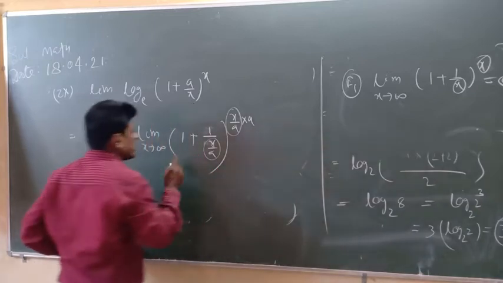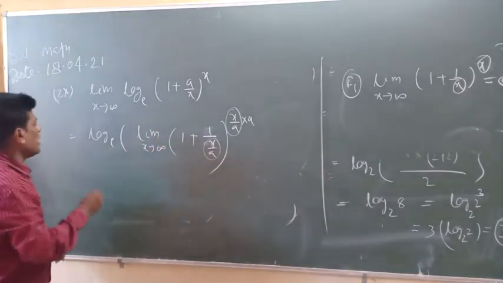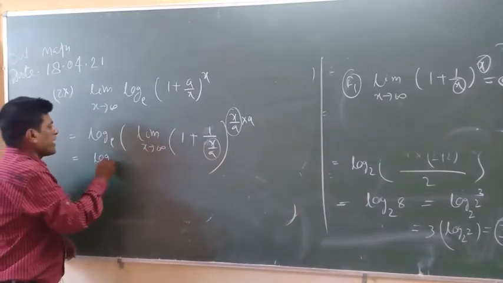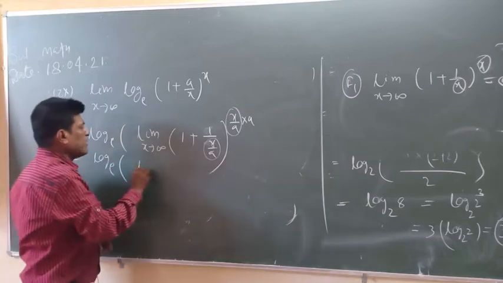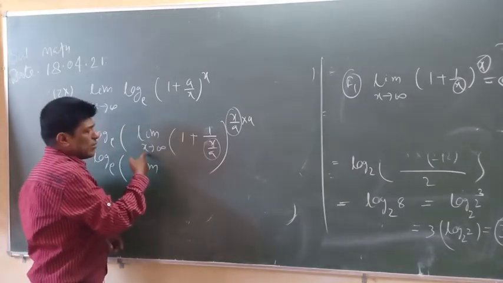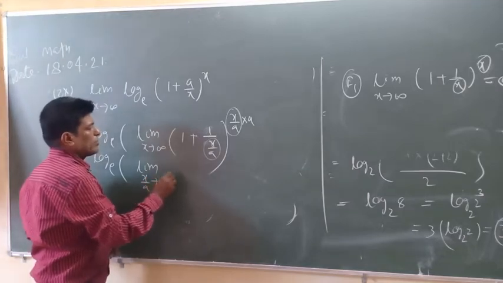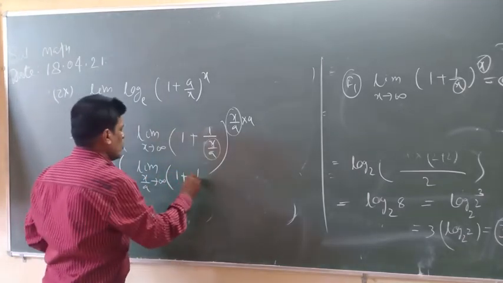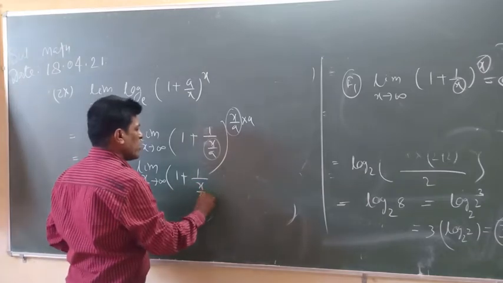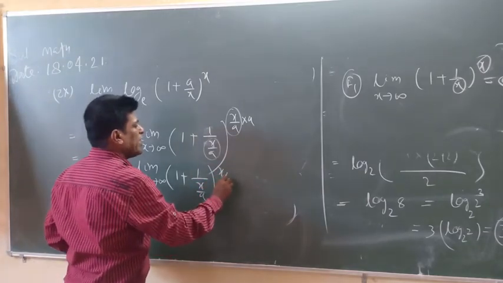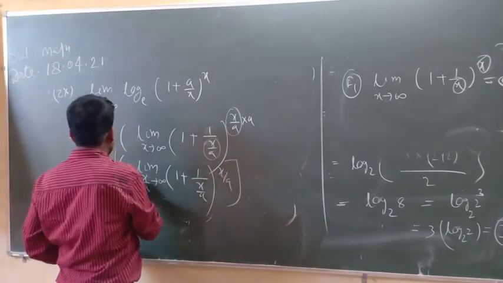So now we write the formula this way. You look, log e, limit: the value of x is equal to infinity, so x by a is also infinite, of 1 plus 1 by x by a to the power x by a, whole to the power a.